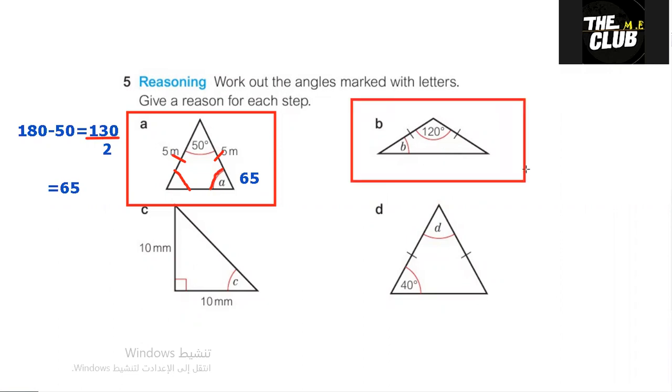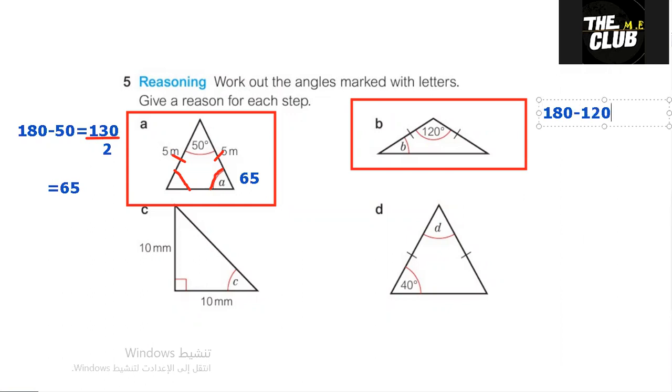This question has the same idea. We know that this is 120 and this is an isosceles triangle. So I'm going to do the same, subtract and then divide by 2. I'm going to say 180 minus 120 equals 60. And then I'm going to divide the 60 by 2. So 60 divided by 2, which will equal what?